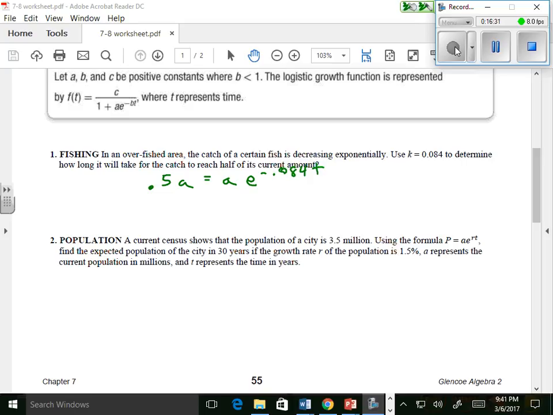So we divide off the A on both sides. That'll always cancel. And if you take the natural log of both sides, so the natural log of 0.5 would be equal to the natural log of e to the negative 0.084t. Now the natural log of e will cancel. So basically, you're left with just negative 0.084t.